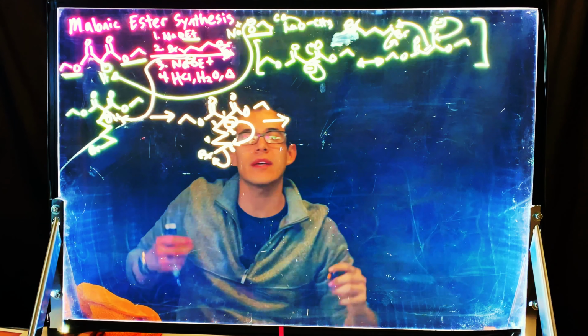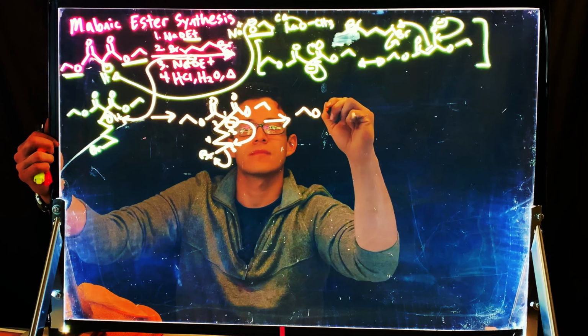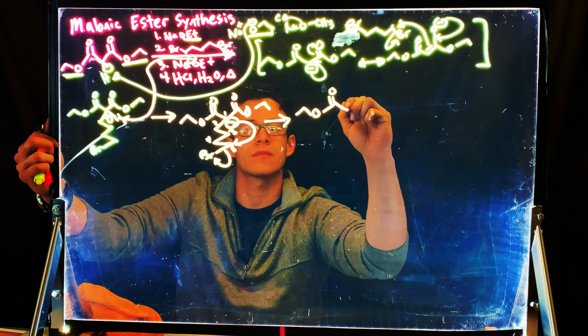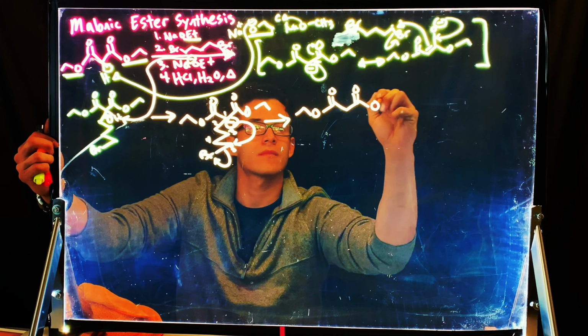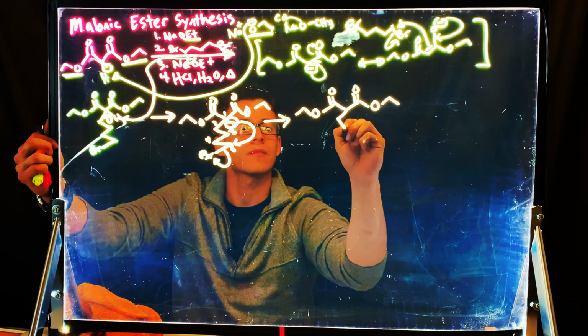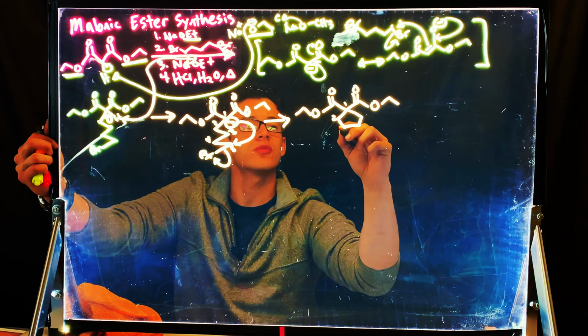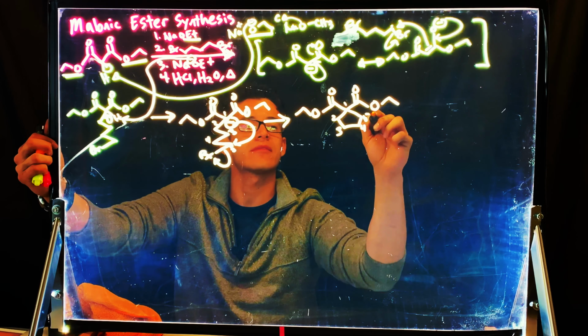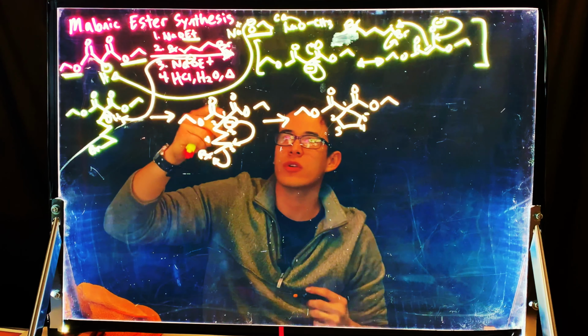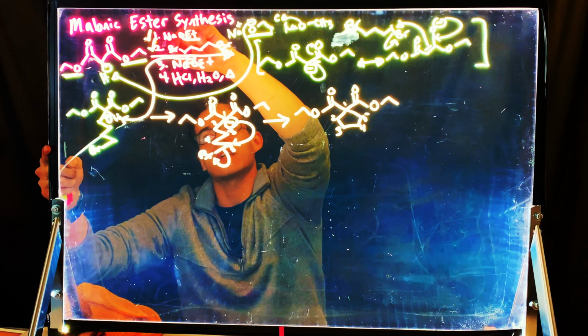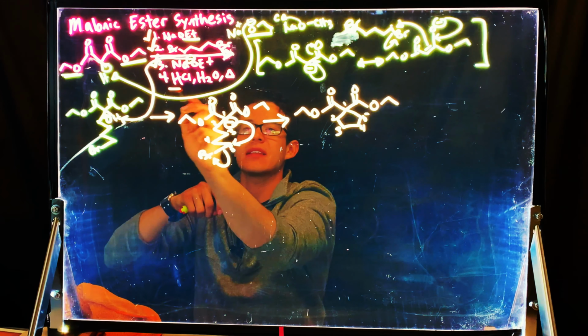Let's see what we get. And just like that, we have 1, 2, 3, 4, and 5. Now we can check these steps off. We're on this last step here.